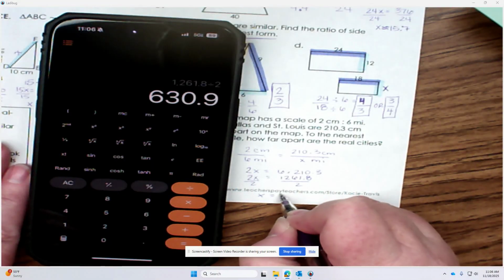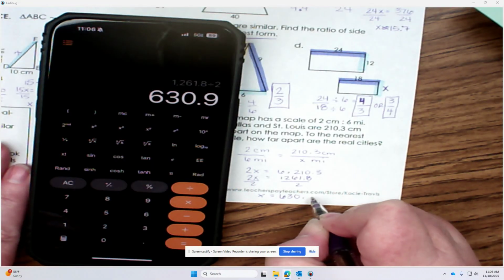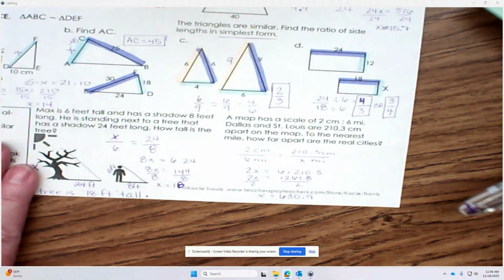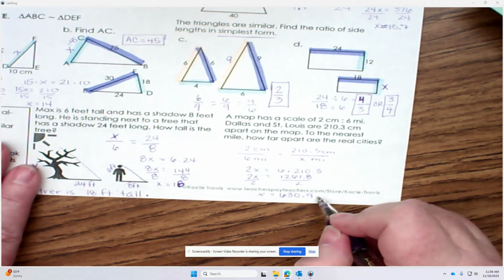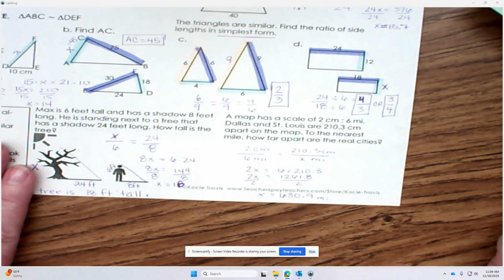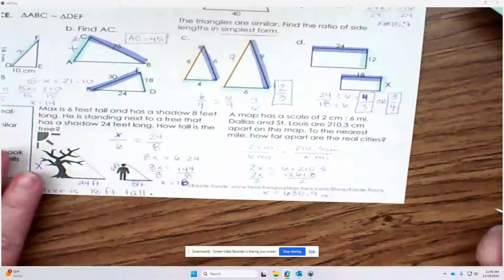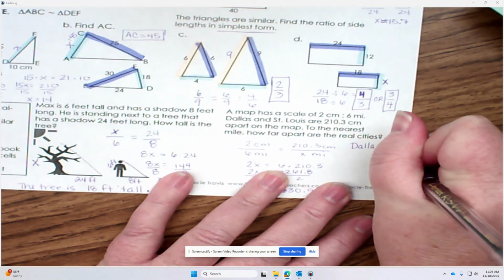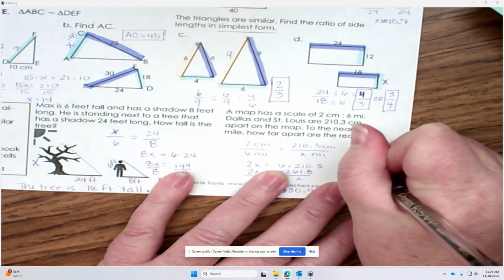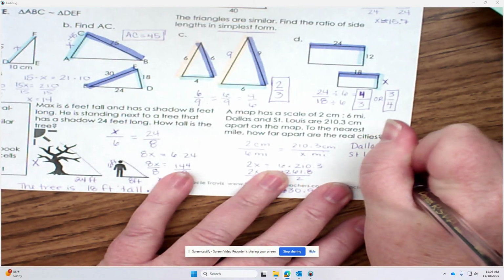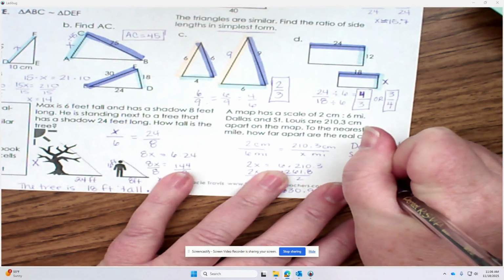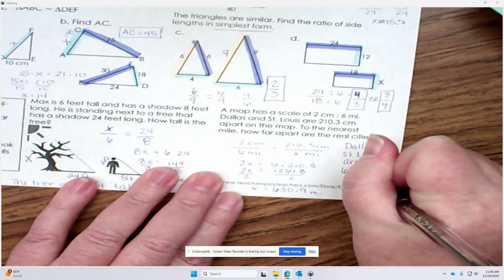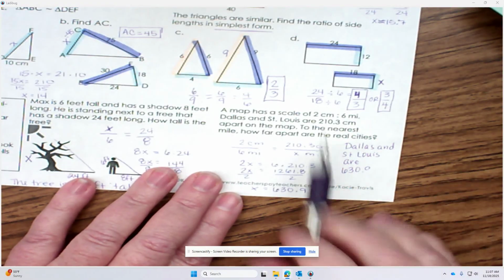I get x is equal to 630.9, and I have to think about I was doing miles, so that would be miles. So I can say that Dallas and St. Louis are 630.9, let's see, to the nearest mile.